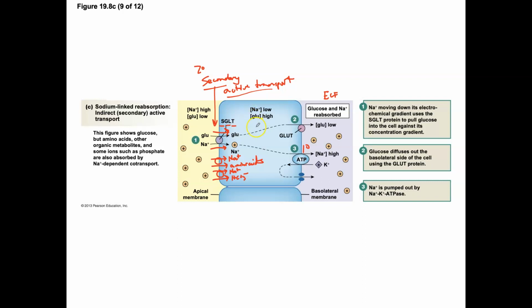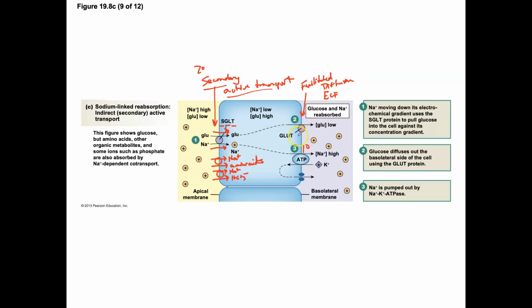Once these molecules get into the epithelial cells, then you can use facilitated diffusion. So this is facilitated diffusion to move those molecules out of the epithelial cells and into the extracellular fluid.